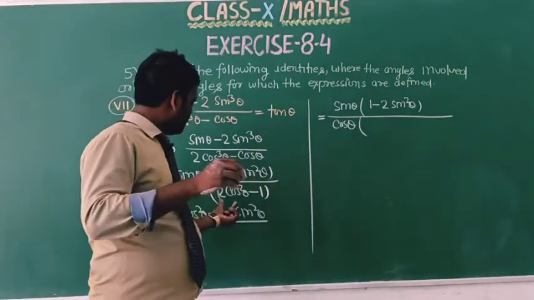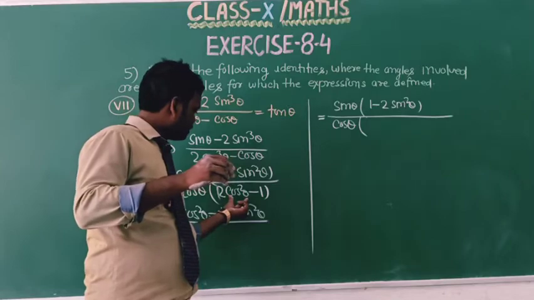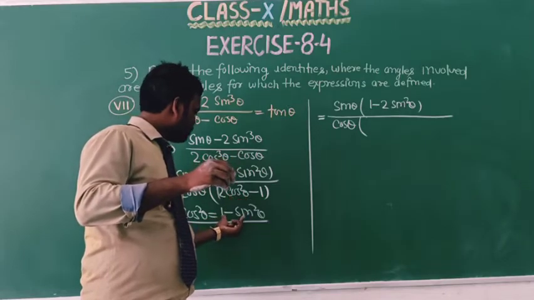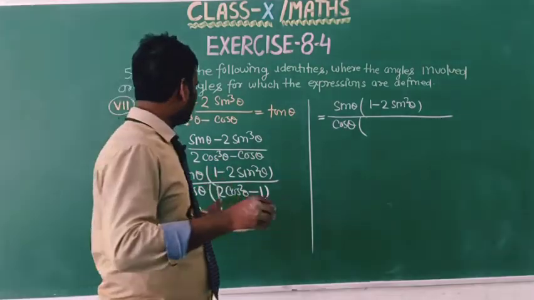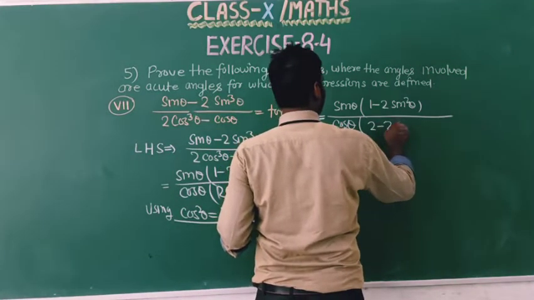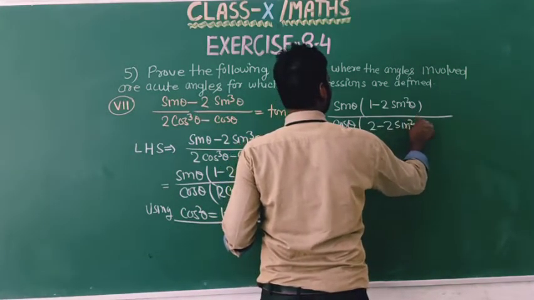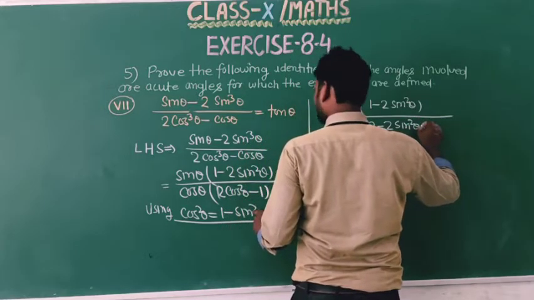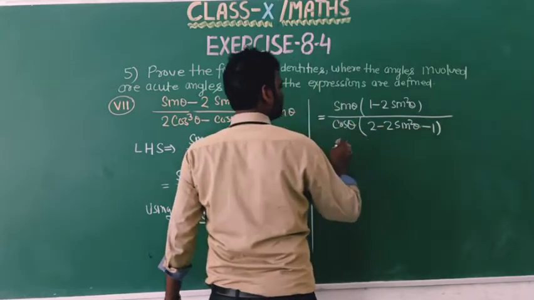So cos square written in terms of 1 minus sin square theta, therefore this becomes 2 minus 2 sin square theta minus 1.